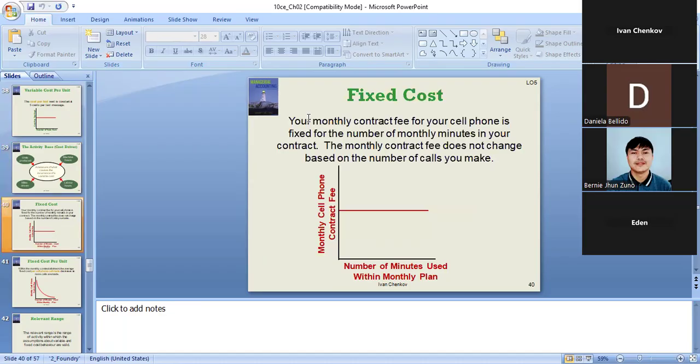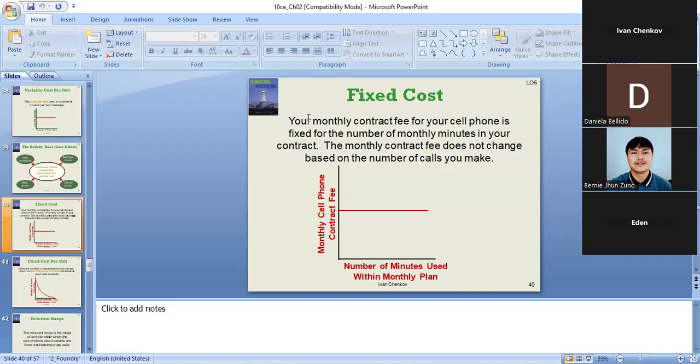Now let's see what the fixed cost is. Fixed cost is the cost that behaves in a very specific way. That means that in total it is always going to stay the same. An example of a fixed cost would be, let's say, the monthly Compass card. Once you pay for the monthly Compass card, you don't have to pay again.